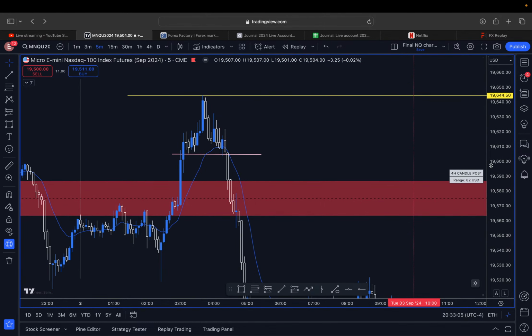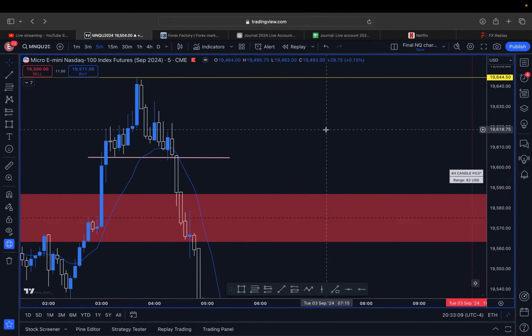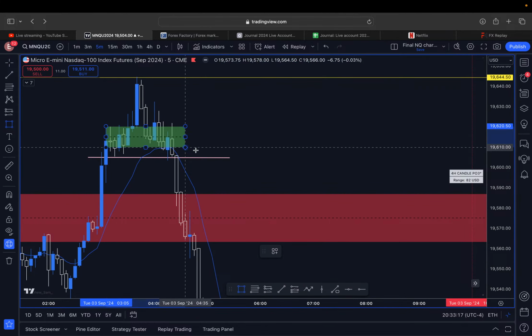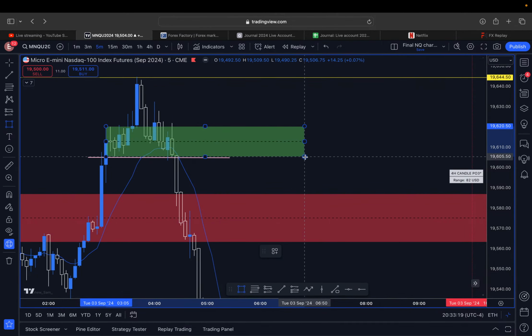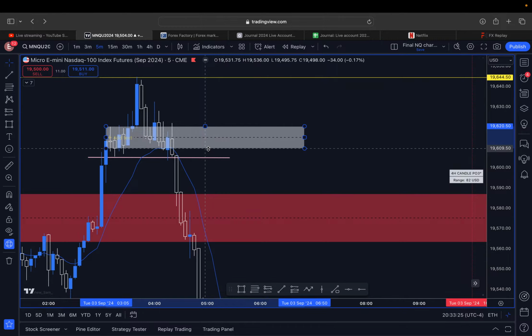I started trading change in state of delivery, which is off order blocks, which is more confusing, but it's the body of the white candles before a run up. So it would be here to here, which actually lines up with the market structure shift. Actually, it does not. The body of the candles are here.